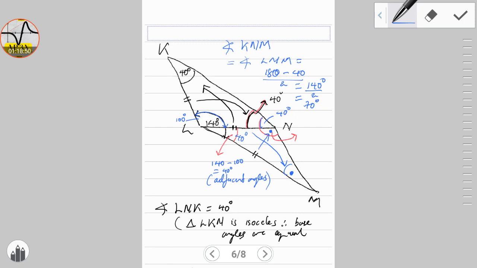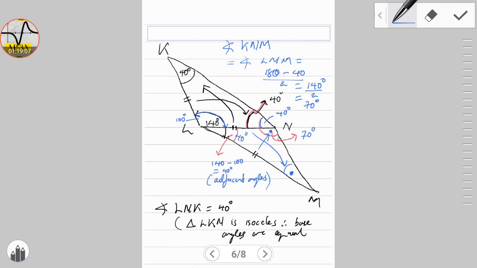All right, and obviously we know that the reasoning for that would have been that the sum of the angles in a triangle sums to 180. Or you could just simply say that triangle LNM is an isosceles triangle. We just went through that earlier. So that's why this bottom half here is 70 degrees.